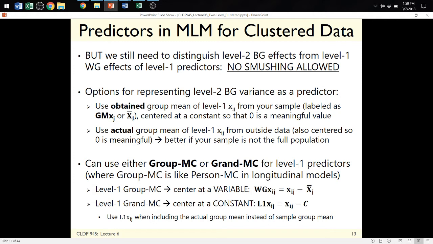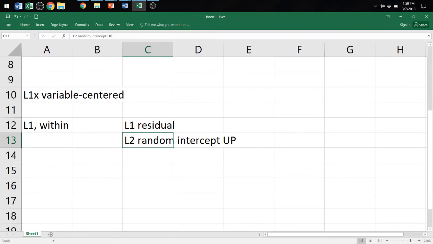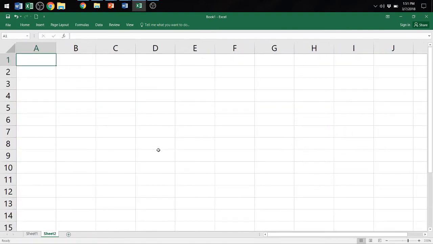So the difference then in how you set up your model, these two choices, even though the variables are different at level 1, it's the level 2 effects that end up being different as a consequence. So I know we've done this type of thing before here, but let's do it again because practice makes perfect, right?